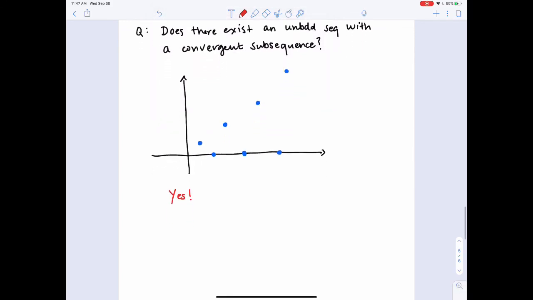Shuffle together an unbounded sequence and a convergent sequence. In that way, you're building a parent sequence that has the properties you want.